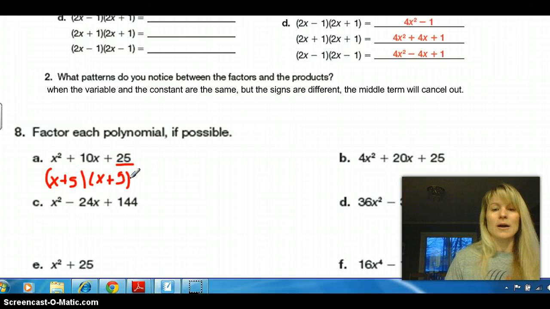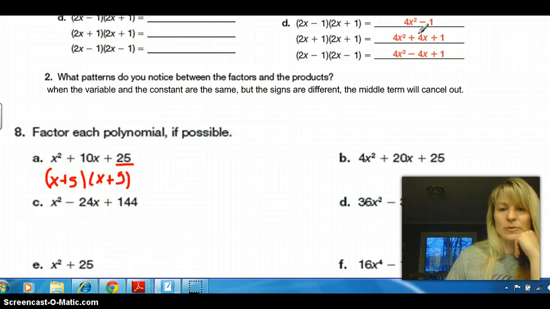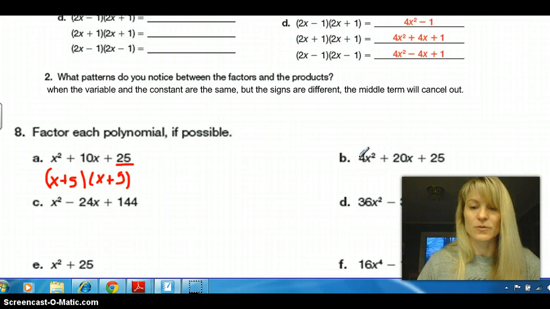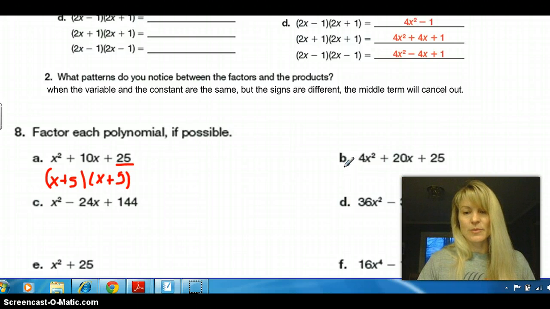Okay? And then let's look at b. b is also very similar to up here, where our first term has a coefficient. Here we're used to trinomials with a coefficient of 1, and here we have a coefficient of 4. So again, I'm going to set up my parentheses here. And I know the first 2 in here have to multiply to the 4x squared.